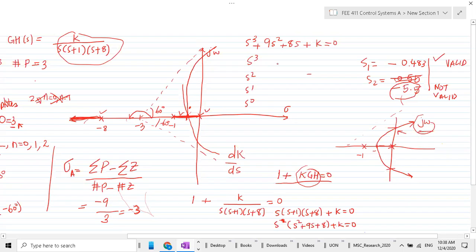So you have 1, 8, then 9, k. So this one will be k, and this one will be 72 minus k over 9. You can check if that is correct.